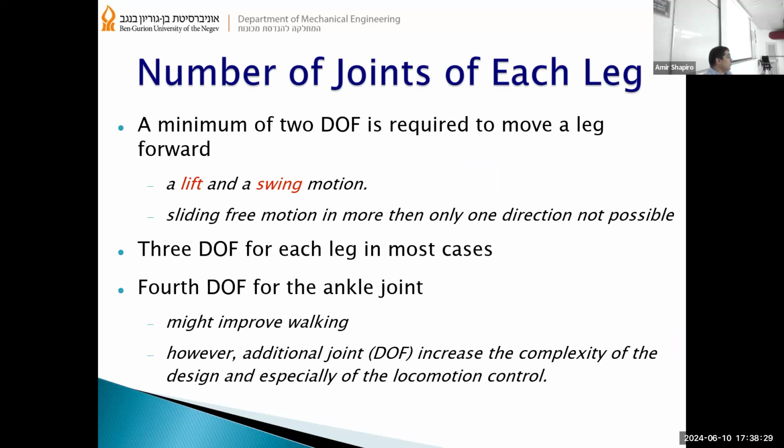In order to move the leg forward, we need to lift it and then move it forward. This is at least 2 degrees of freedom for each leg. But in most cases, we want to be able to maneuver, to turn, and therefore we want to be able to select the position where we put the leg on the ground. And for that, we need at least 3 degrees of freedom.